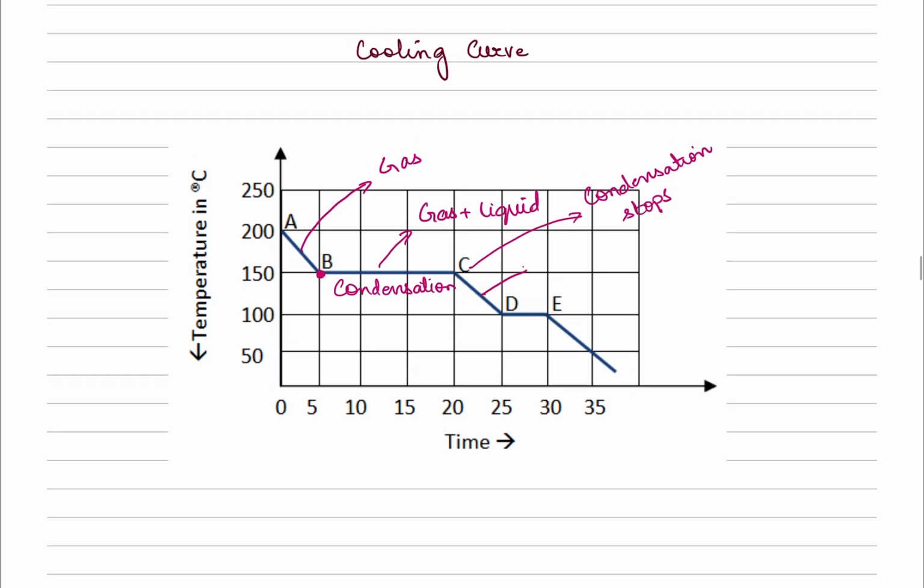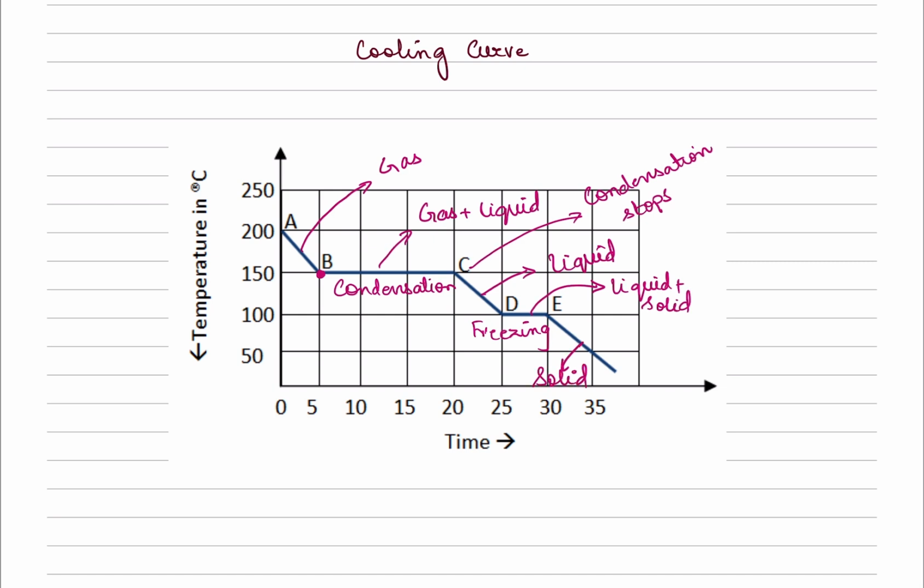Point C to D, you have the temperature of the liquid dropping down, so only liquid. D to E is basically your freezing. Your liquid is freezing, and you will have both liquid plus solid over here. And then E onwards is just solid.